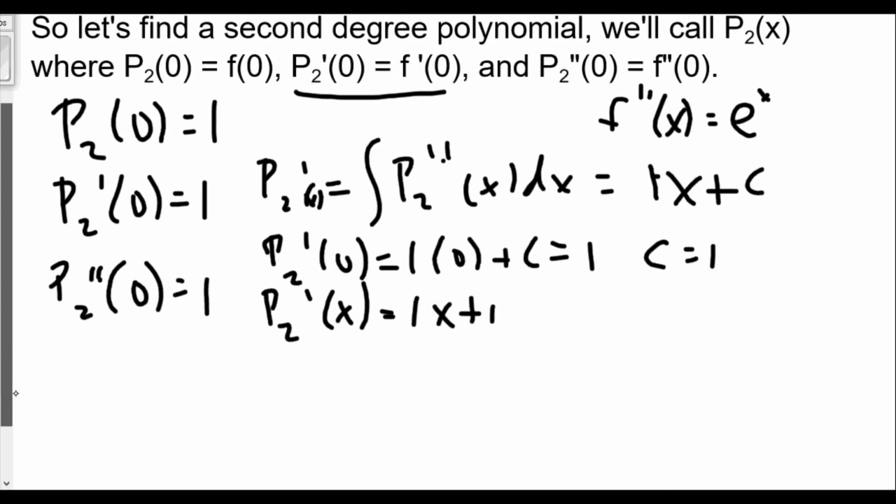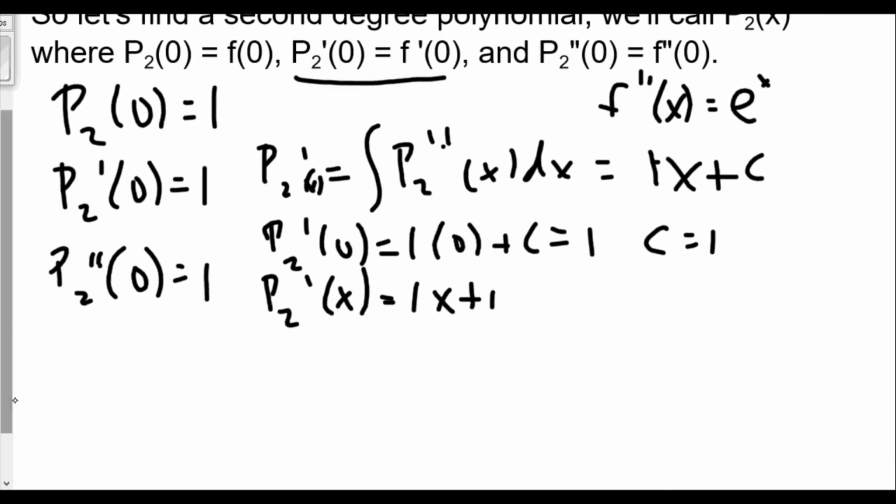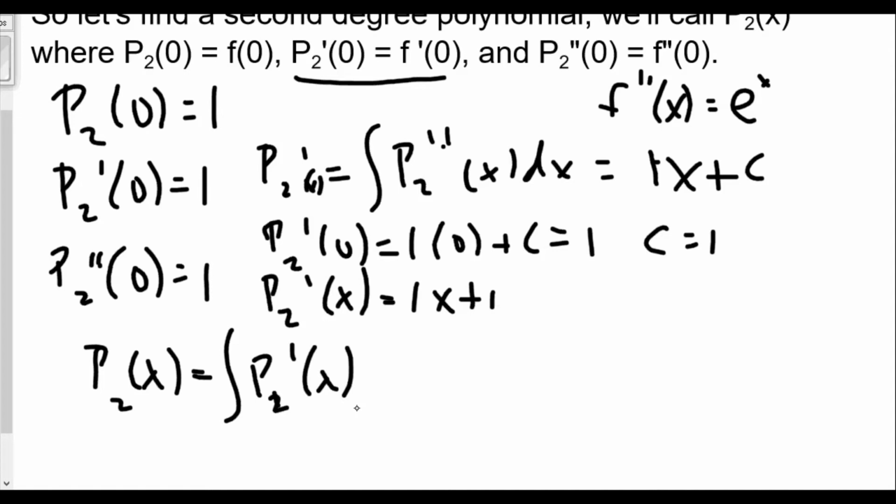Now we want to find p2 of x, which is the integral of p2 prime of x dx. The integral of 1x plus 1 is x plus 1 over 2 x squared plus c.